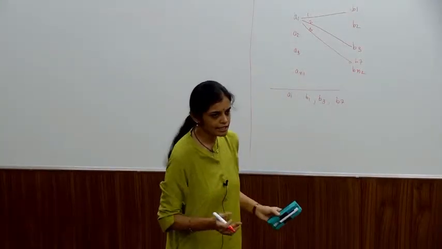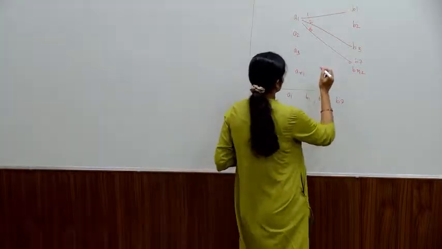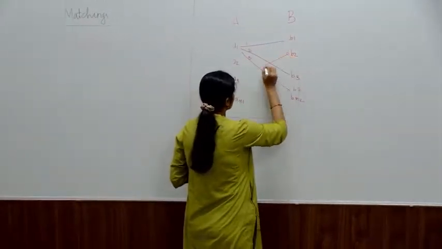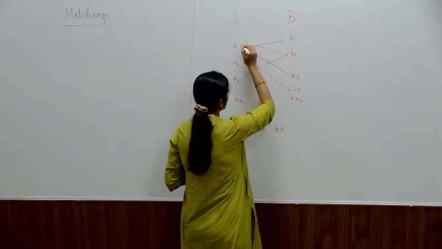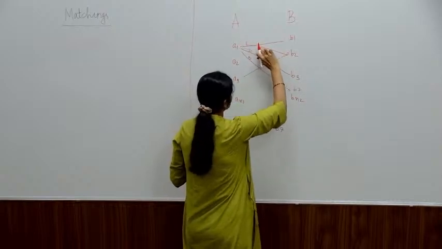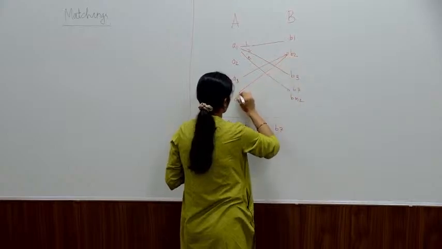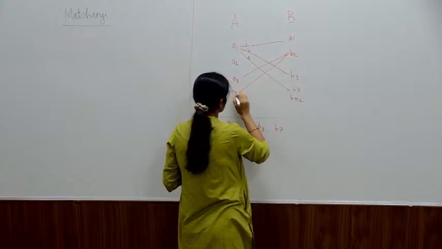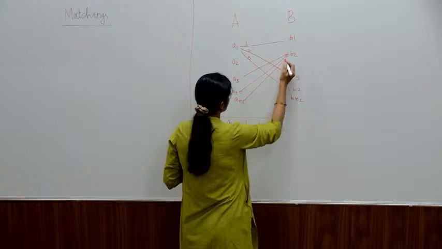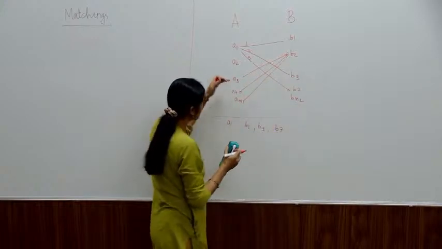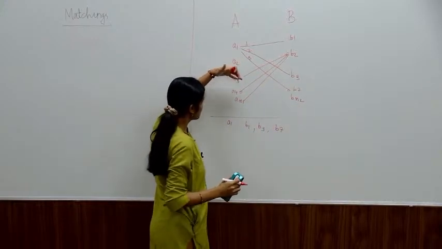In turn, a B can also submit its own ranking. For example, B2 can rank. Okay, so I did not draw this edge, so I should not draw it now. So B2 can rank its acceptable partners in its own way.